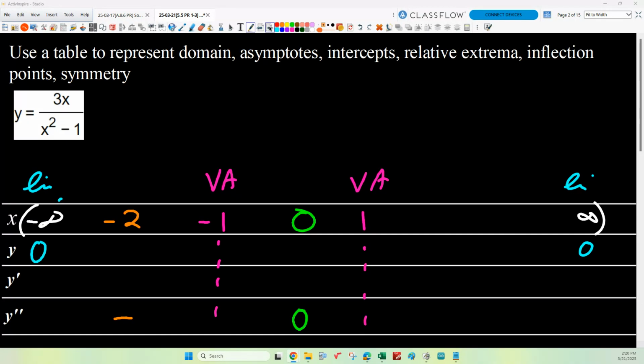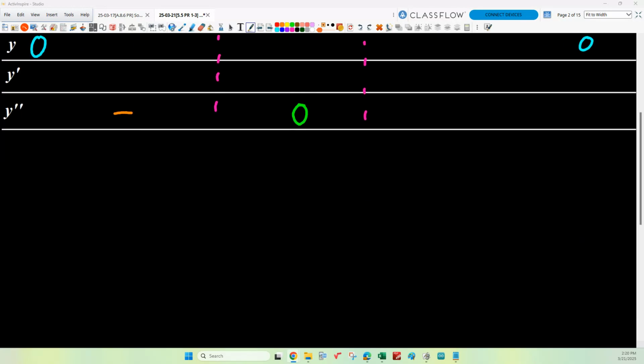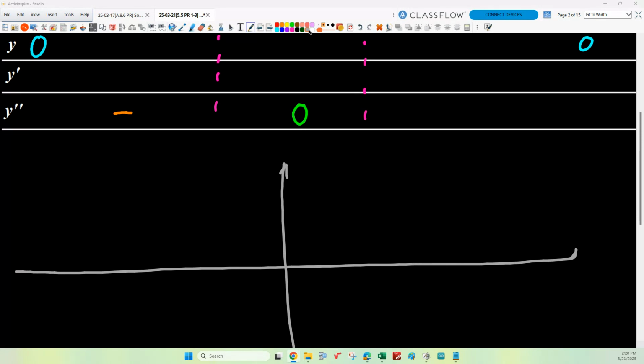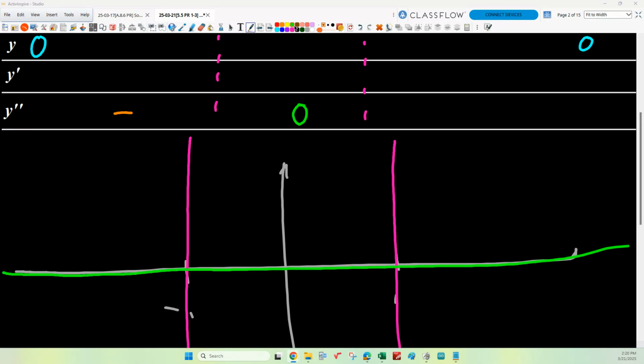Okay, what's that tell us? Now look at these asymptotes we've got here. I've got these vertical asymptotes, and I've got a horizontal asymptote over here at 0. So what can this thing do?